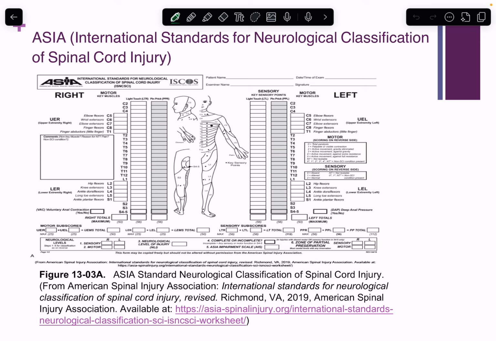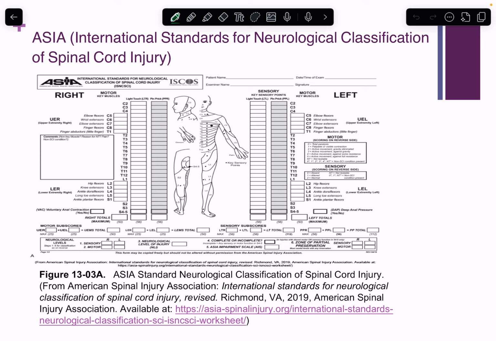Then the zone of partial preservation, for incomplete injury: some motor or sensory function may be preserved below the injury level, but it does not extend to S4-S5.